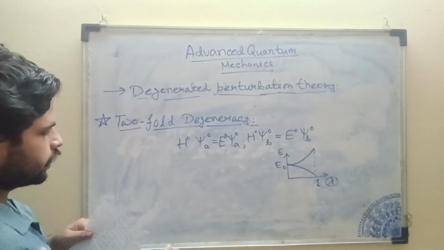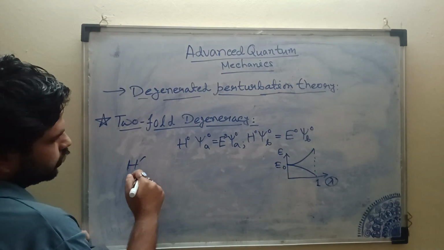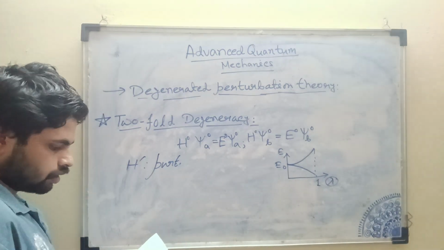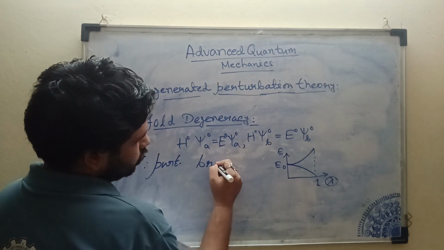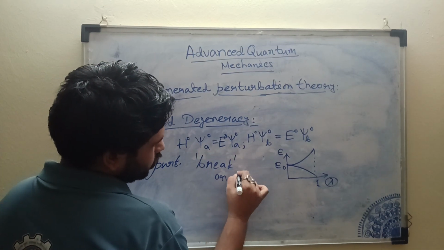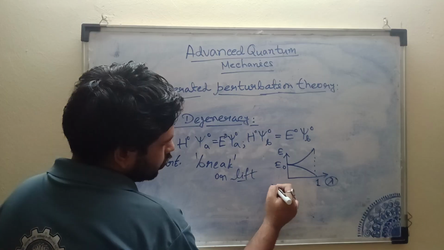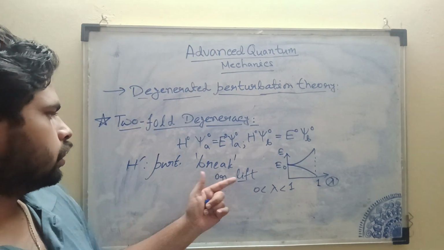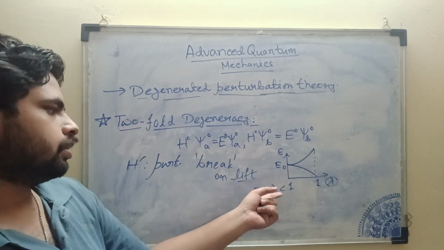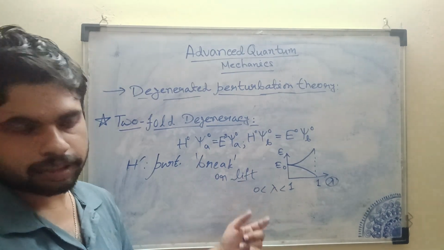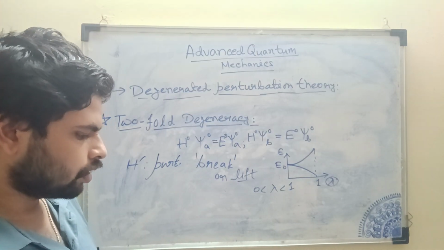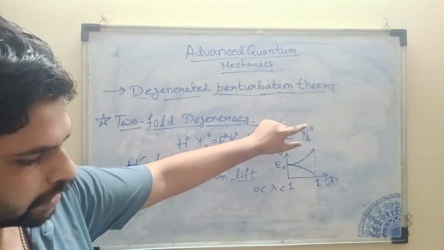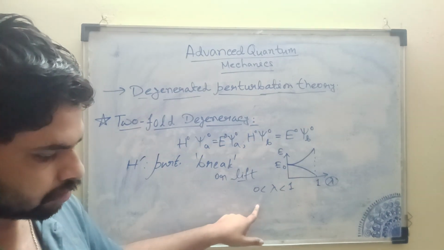So H prime is the perturbation which will break or lift the degeneracy by tuning the lambda from 0 to 1. If we go to 0, then there will be no perturbation. If lambda is greater than 0, then there is a perturbation. So that's why E0 can be split into two points, and when lambda tends to 0, there is no perturbation over there.